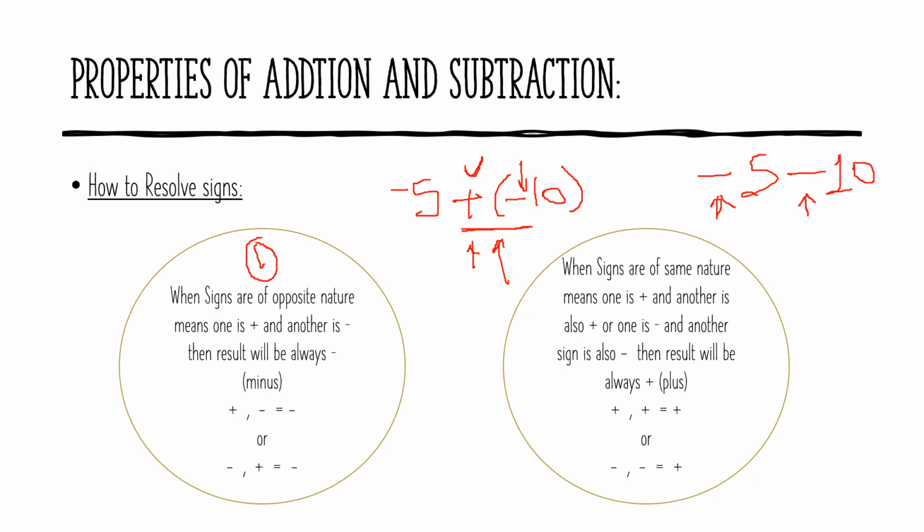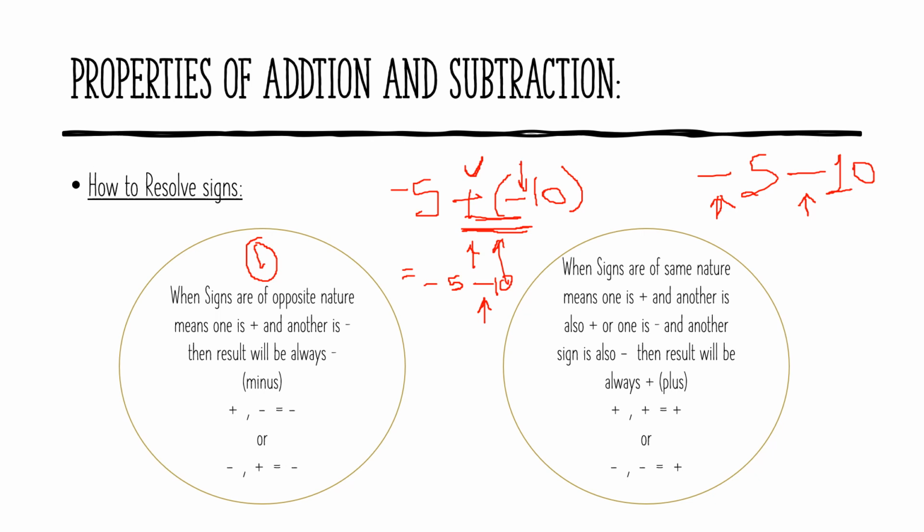The resulting sign will be a minus sign. If we resolve this further, we can write it as -5 minus 10, because these two signs, plus and minus, combine and make a minus sign. In place of two signs, we can replace it by one sign.